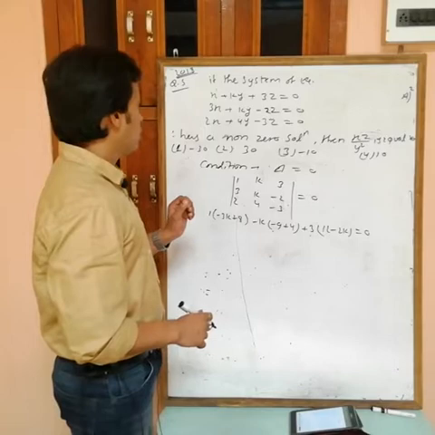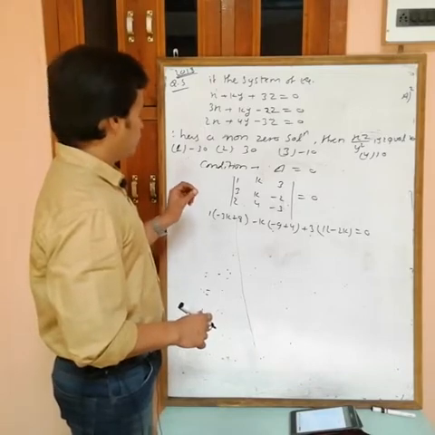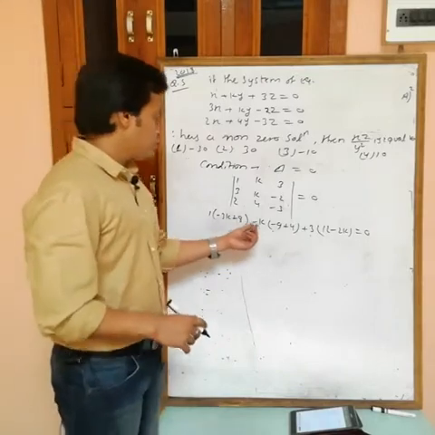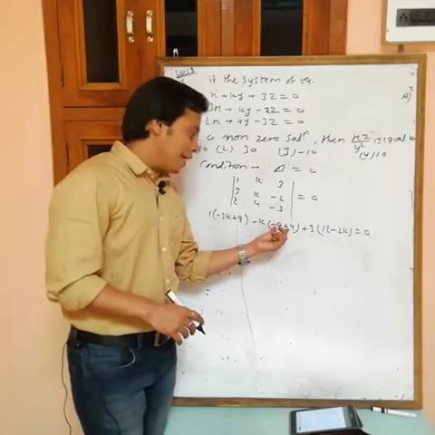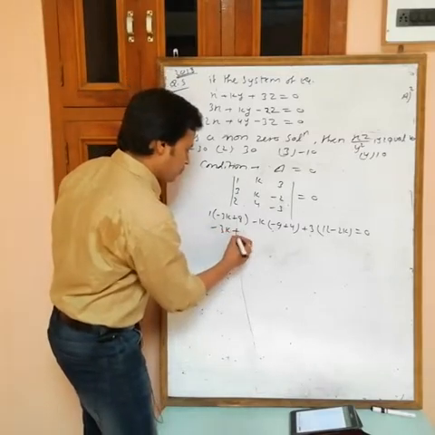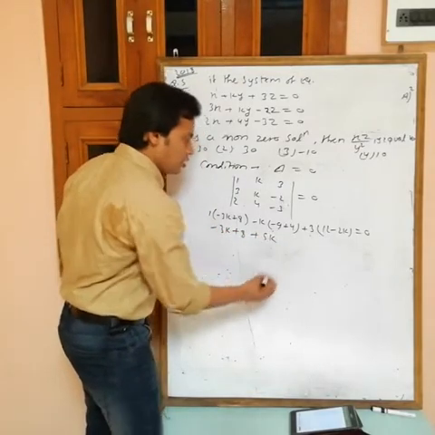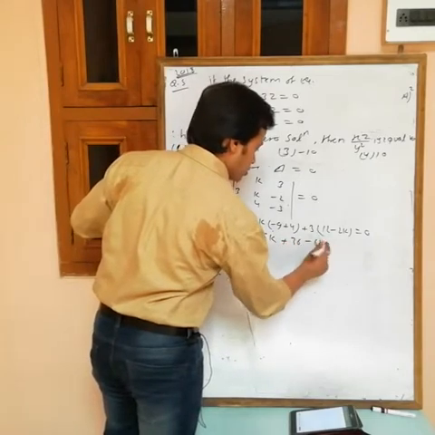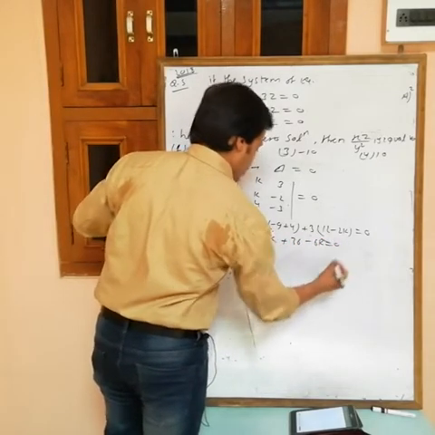Now if you solve this, we get -3k + 8 + 5k, and this one is 36 - 6k, equals 0.